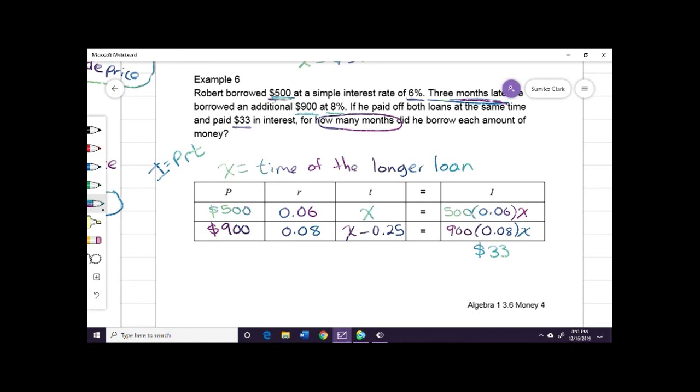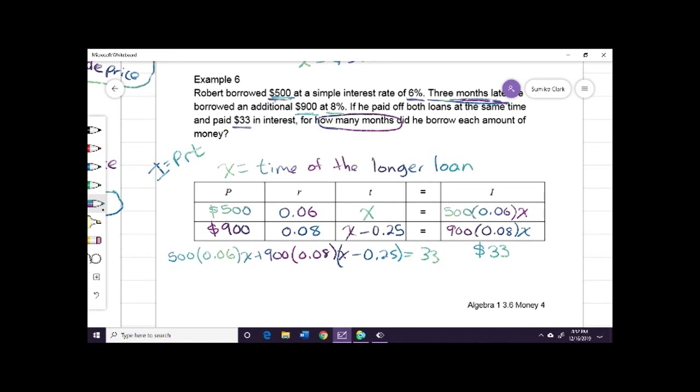So let's go ahead and write that out. $500 times 0.06x plus $900 times 0.08, sorry, not x, this is x minus 0.25, and that equals $33. Okay, so now what we need to do is solve for these x's and see what the time was of the first loan.